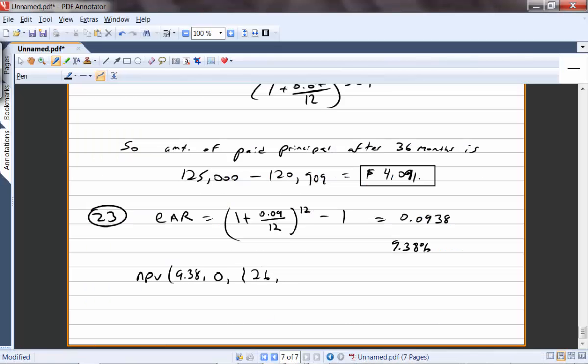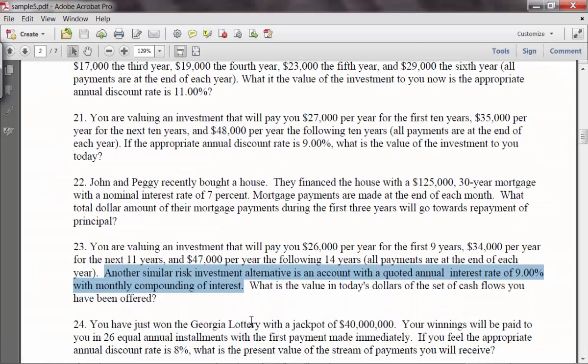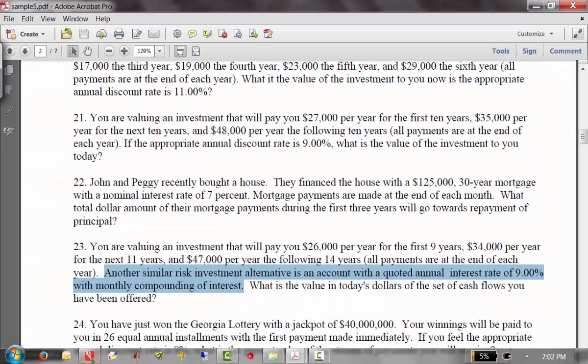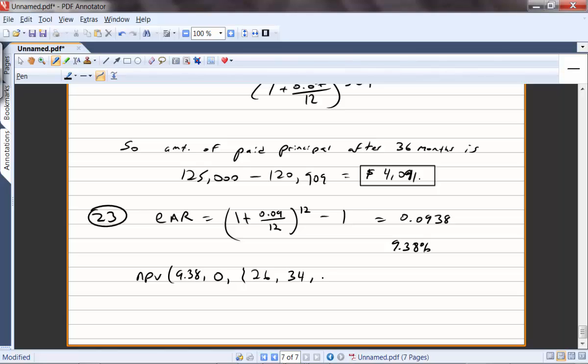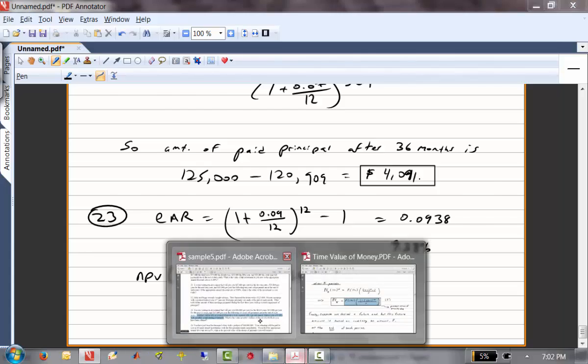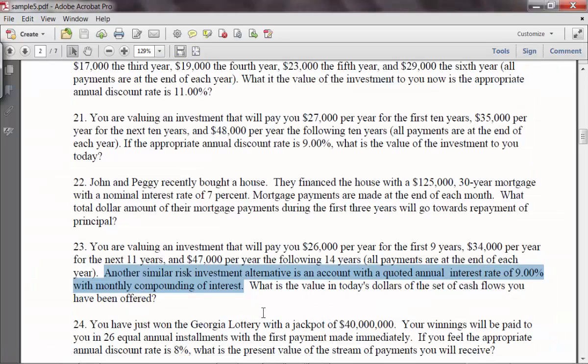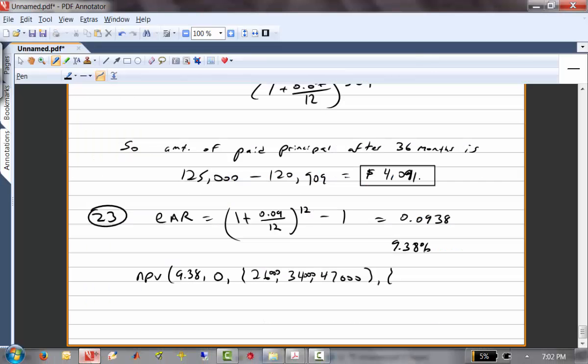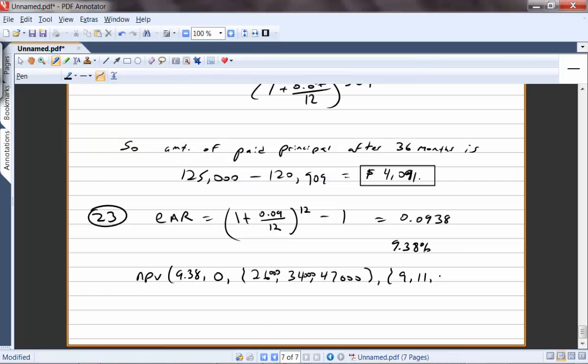The 26,000 happens 9 times, the 34,000 happens 11 times, and the 47,000 you get for 14 consecutive years. So 9, 11, and 14. Close parentheses, and hit enter, and that'll calculate.